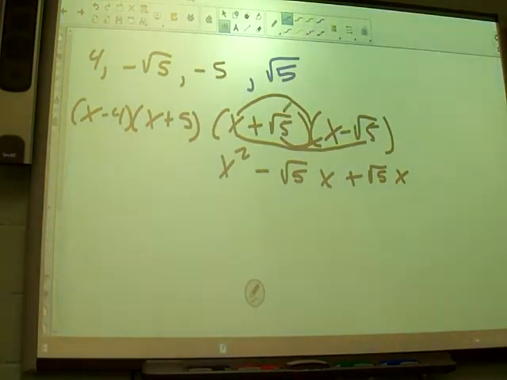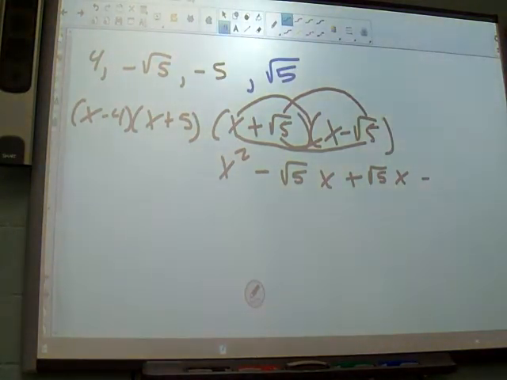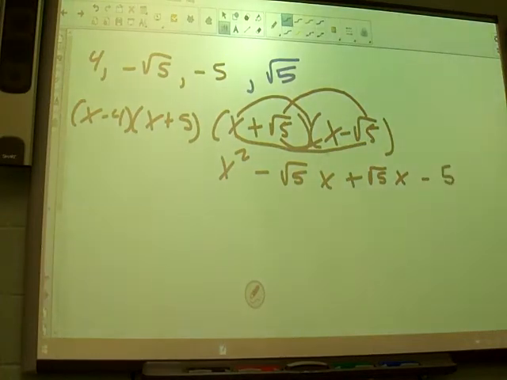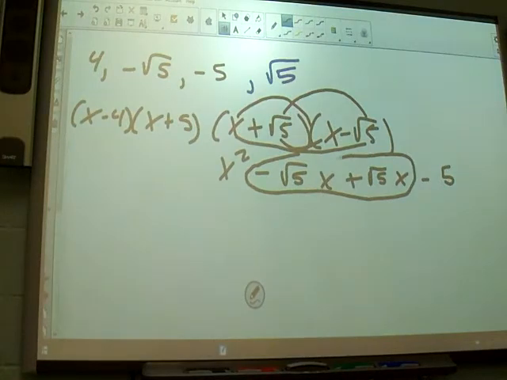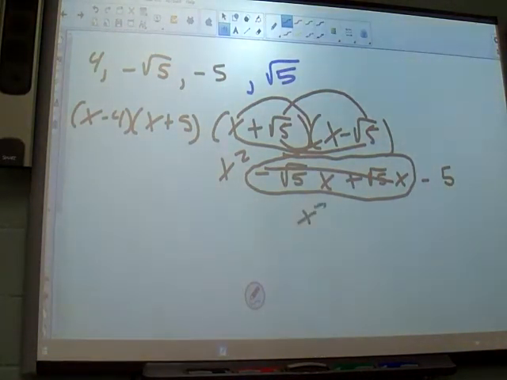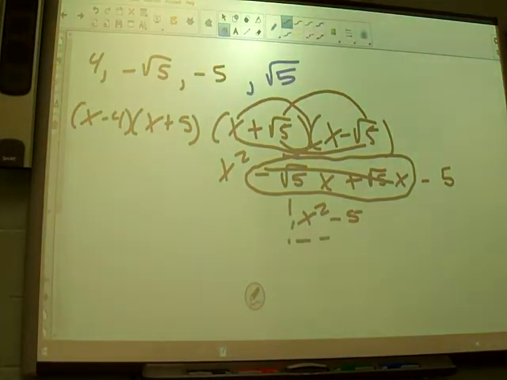Okay, and then on my last, I got a positive times a negative. It's a negative. Now that square root of 5 times the square root of 5 is the square root of 25, which is 5. Very good. So now, just like on the i's on the previous problem, what happens with those dudes right there? They gone. Very good. So we got an x squared minus 5 that we're going to need to hold on to use in a minute.